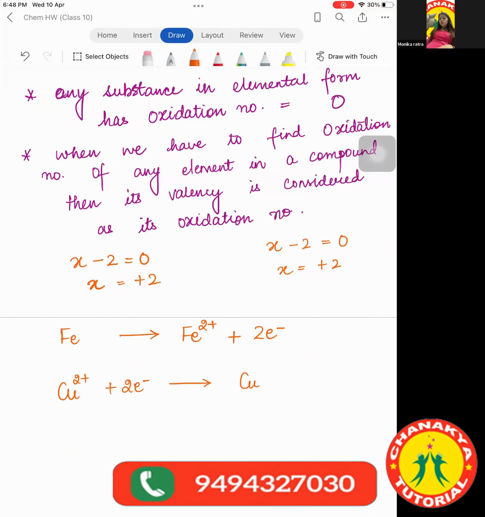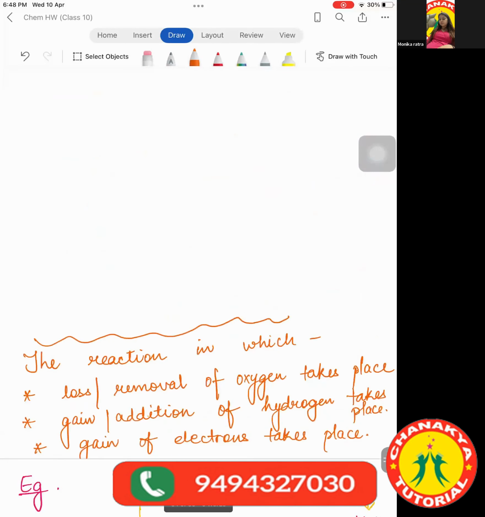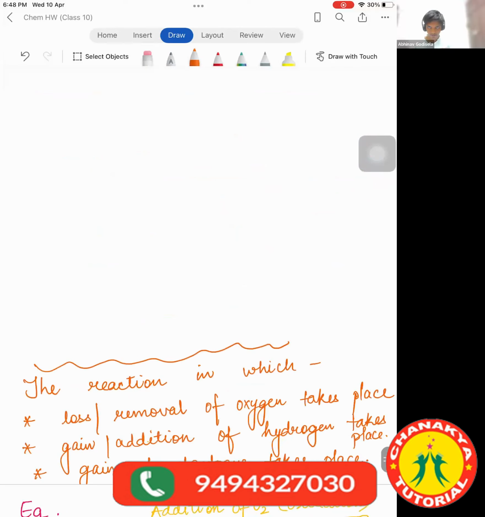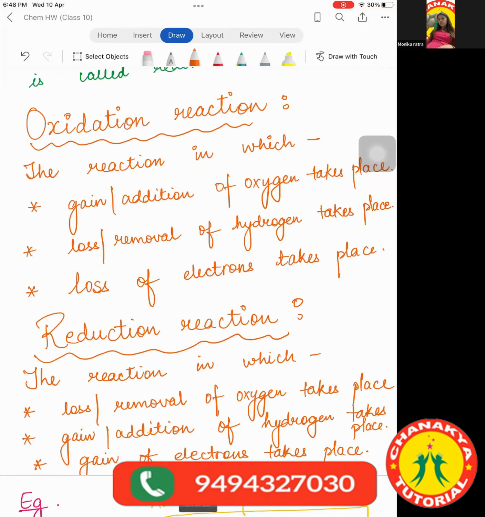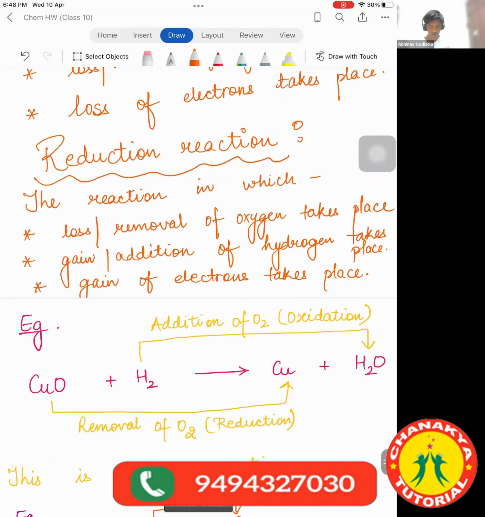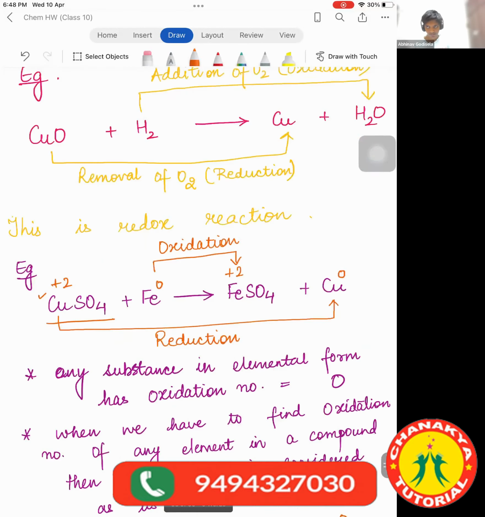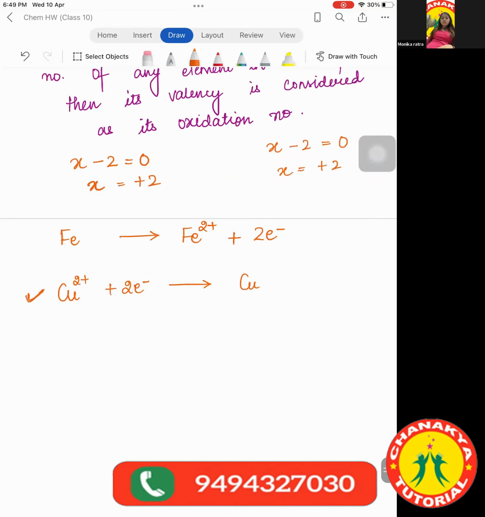What did I mention about oxidation? The gain of electrons or the loss of electrons? Loss. And what about reduction? What did we mention? The gain of electrons. So if you look at this, we can see the gain of electrons. So this is reduction.